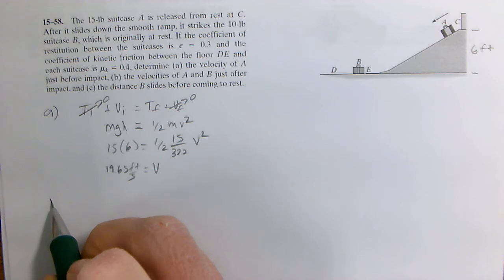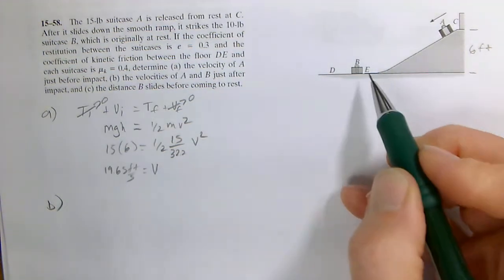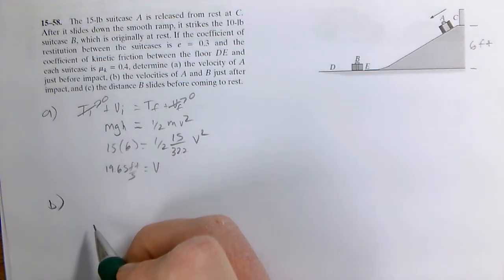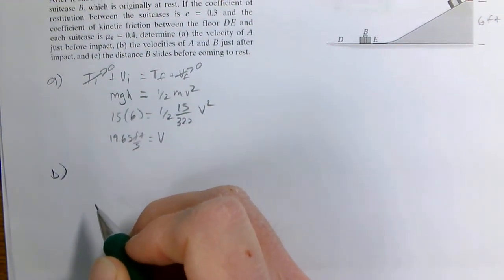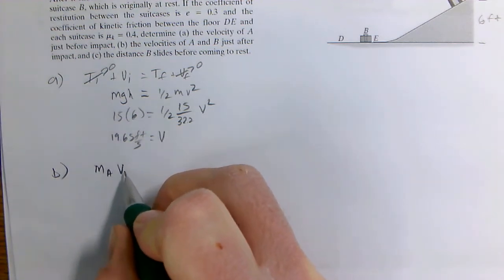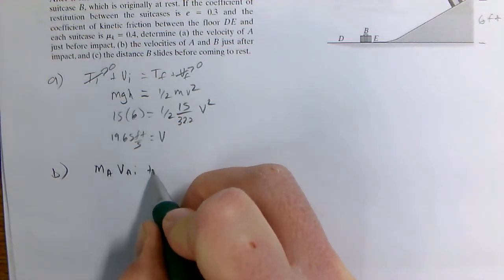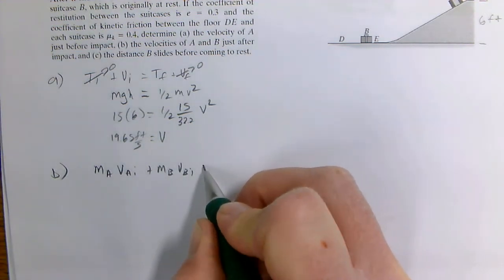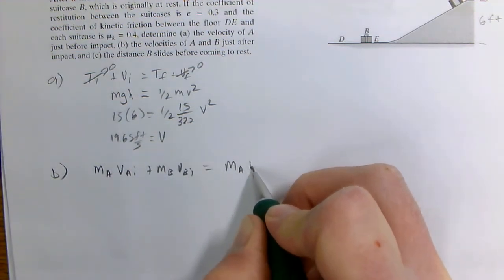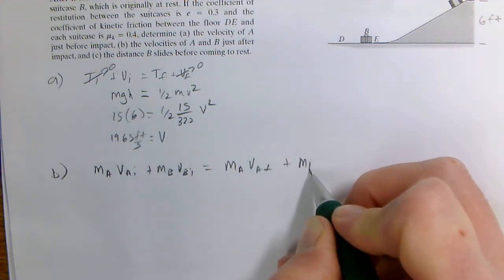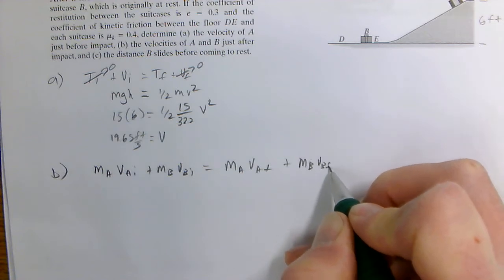So part B, now that it's down there and they collide, we use conservation of momentum now. So conservation of momentum is MA VA initial plus MB VB initial equals MA VA final plus MB VB final.